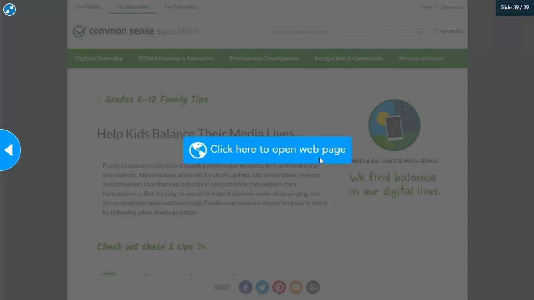And then finally, if you click here, you have your website options for places you can go and apps you can use. So this is a family tips, and it's great to read over with your parents. I 100% hope that you read through this with your family.